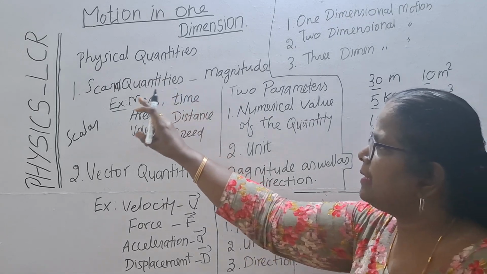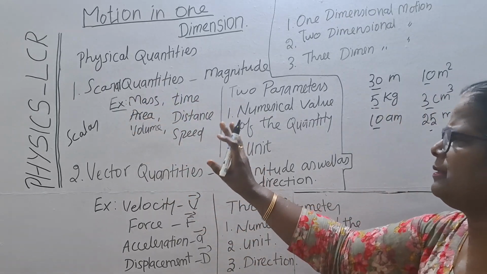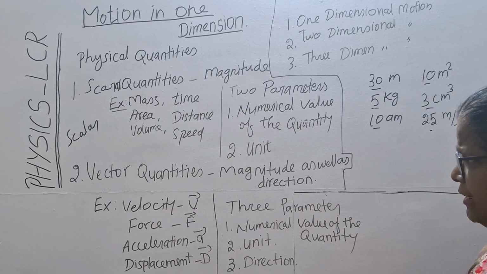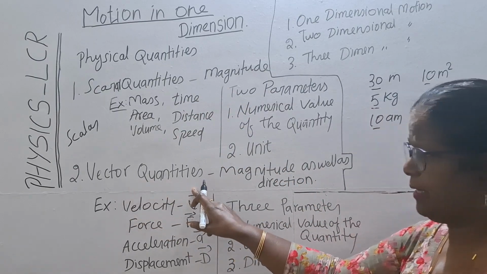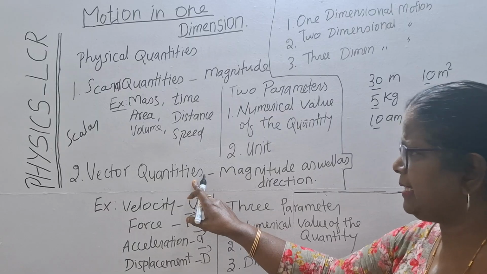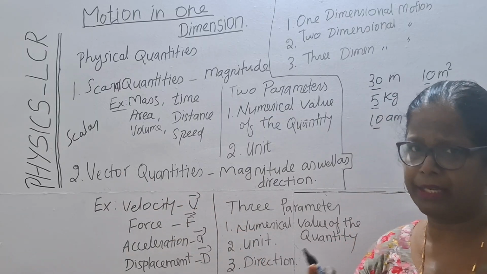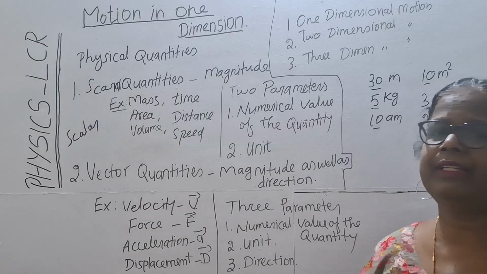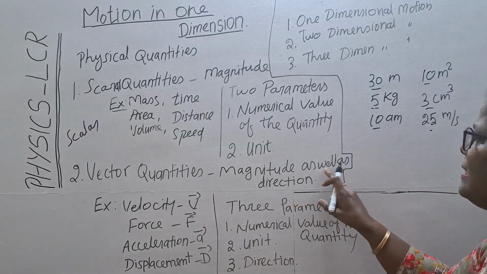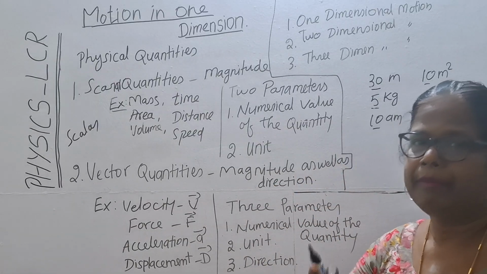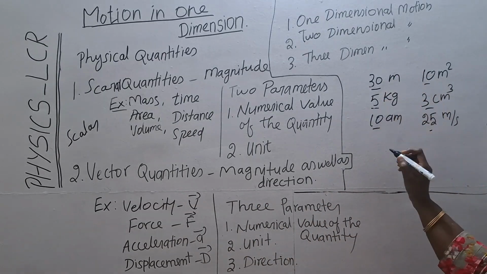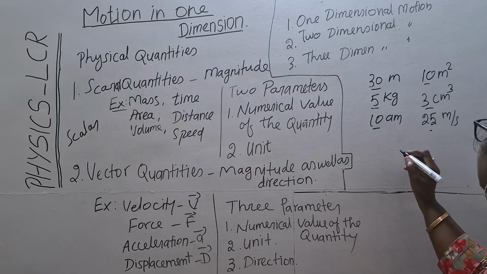Next, what is a vector quantity? Vector quantities are vector. The quantity which has magnitude as well as direction.